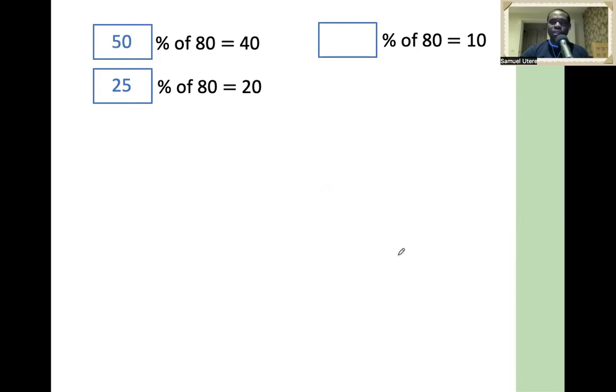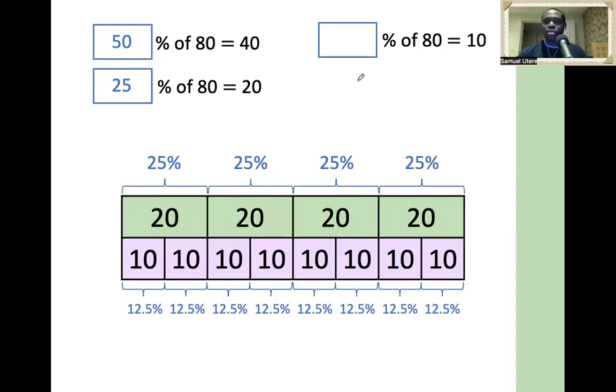So it means we need to divide, because 80 divided by 10, remember that's what we did here. 80 divided by 20 is 4. 80 divided by 40 is 2. There is always 100%. So 80 divided by 10 is 8, which means to get the actual percentage, we'll do 100 divided by 8.